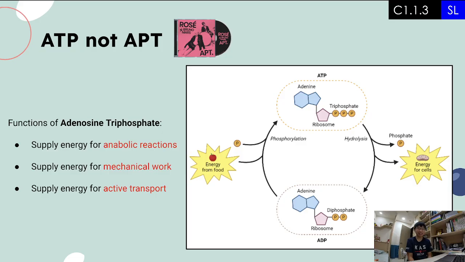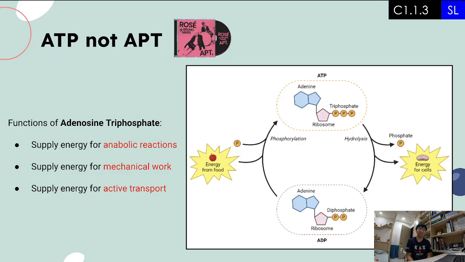Through hydrolysis, it releases one phosphate and releases energy, and it becomes ADP. So it has two phosphates, it releases a phosphate from three to two, hence diphosphate, or ADP. It's pretty good to know these structures. And through phosphorylation, adding the phosphate back, that's where you add energy into it to put it back to ATP.